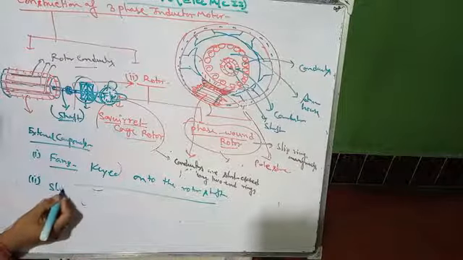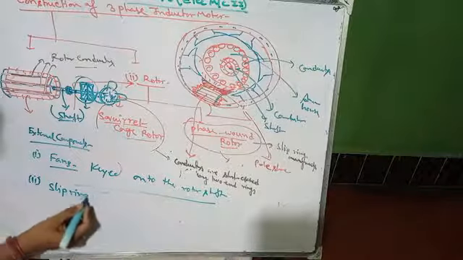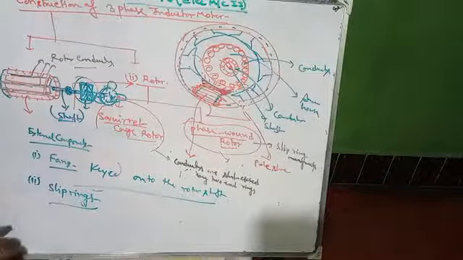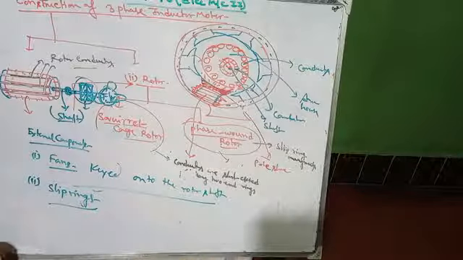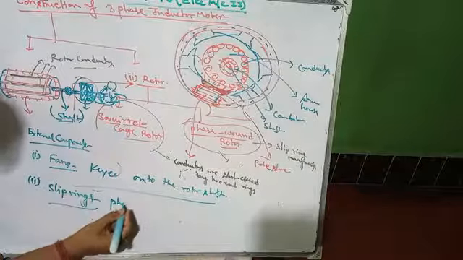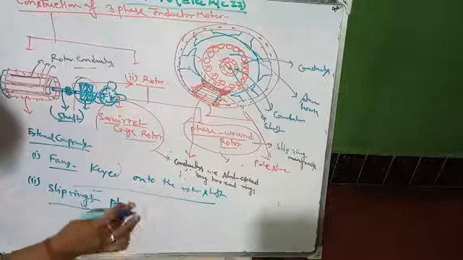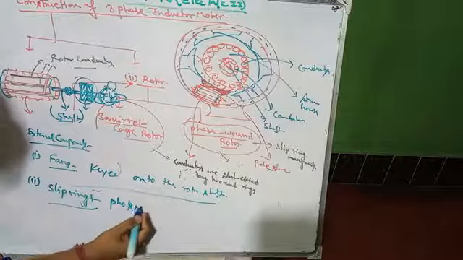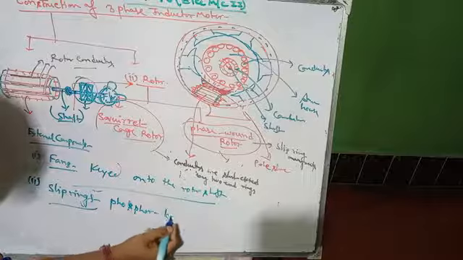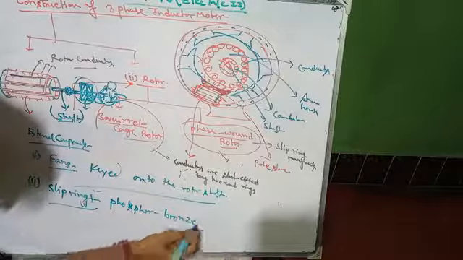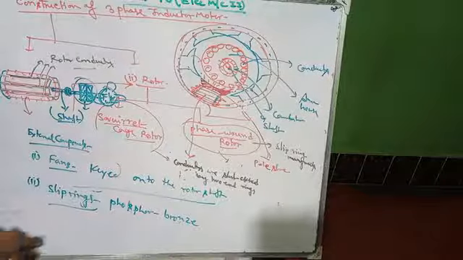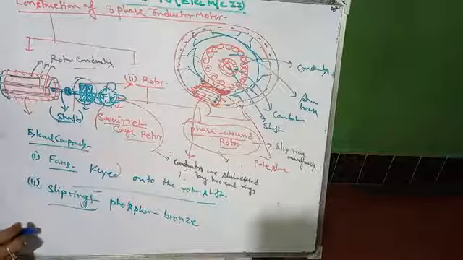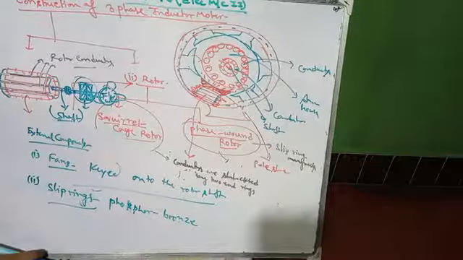Okay, and second one, slip rings. Slip rings are made of high quality phosphor bronze and are of molded construction.